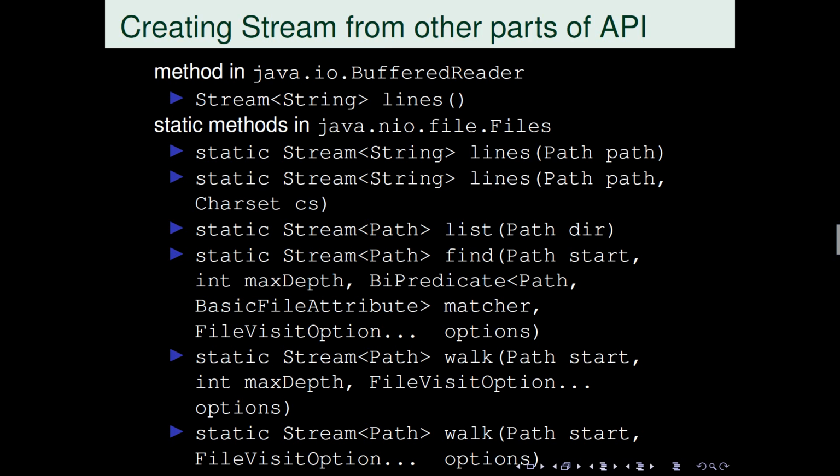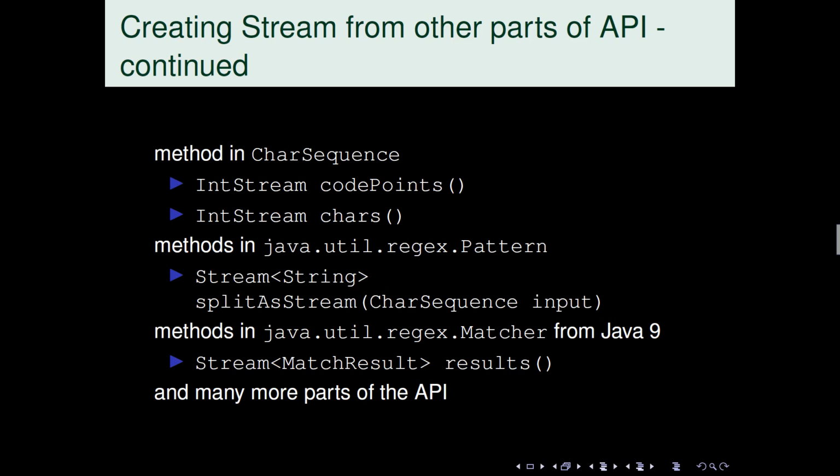Okay, see this CharSequence. When it says CharSequence, it's the String class which is implementing CharSequence. You get it as an IntStream. I was talking about a string made up of a sequence of characters; these are integer values. Here is an IntStream for me, and you can process them. There are Pattern and Matcher classes in the java.util.regex package.